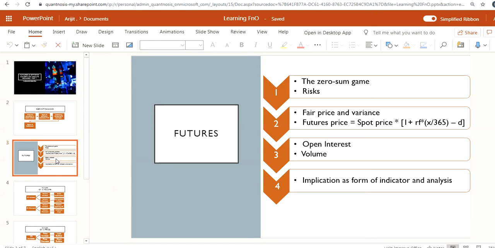That means it is actually a high risk, high reward security. You might lose a lot quickly or you might gain a lot quickly.